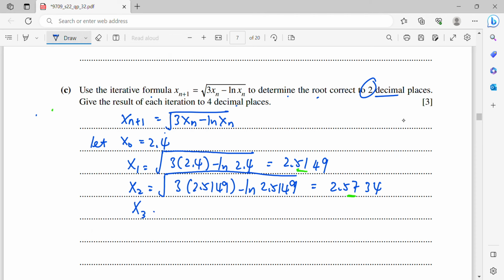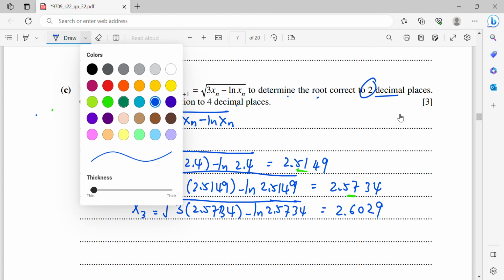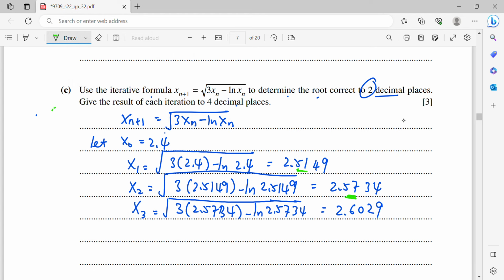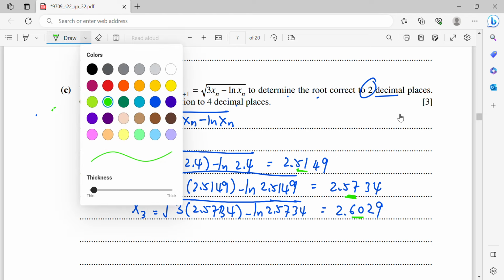So now just continue with the iterative formula. So 3 bracket 2.5734 minus ln of 2.5734. Then the answer is going to be 2.6029. When you check, previous was 2.57, now it becomes 2.60.